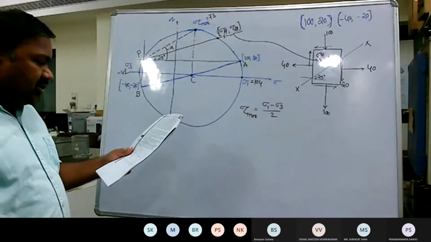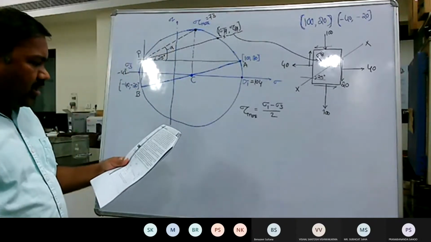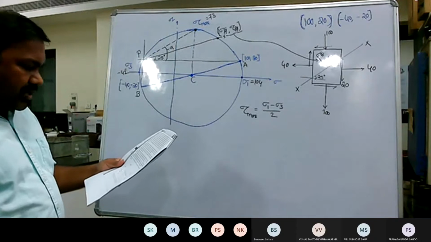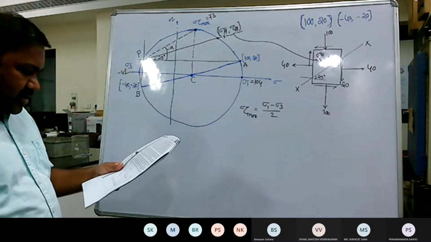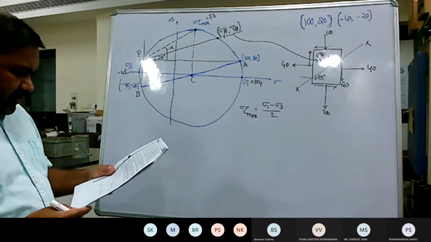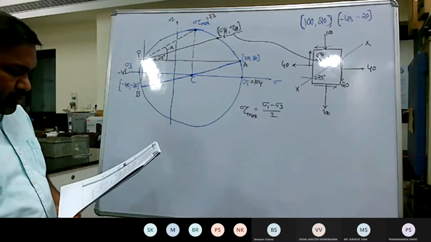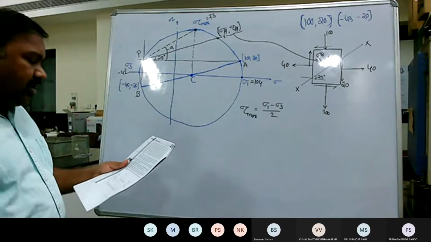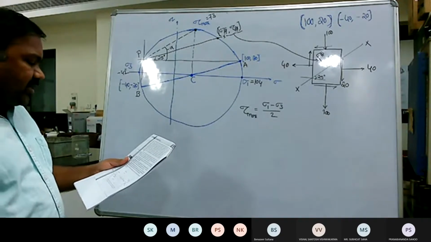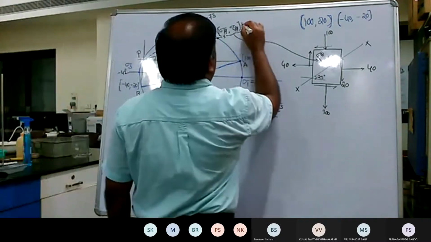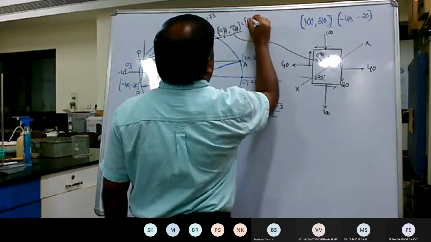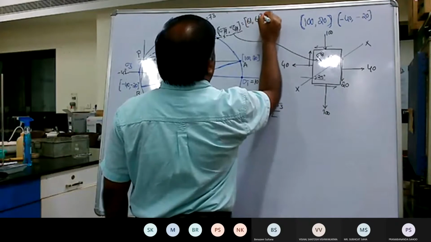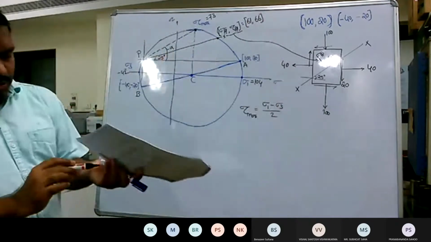And the normal and shear stresses, I think given by sigma 1 minus sigma 3 by 2, are 61 and 66. So please note down, this is the answer.